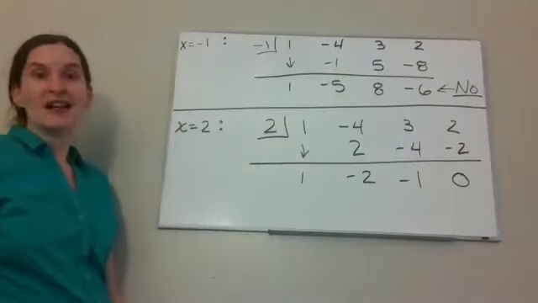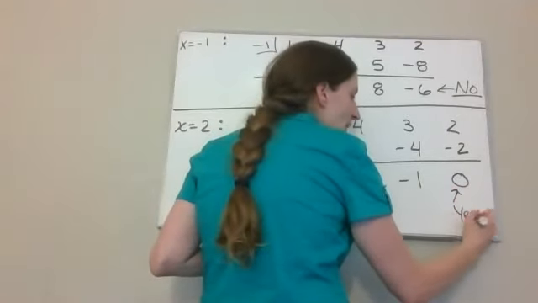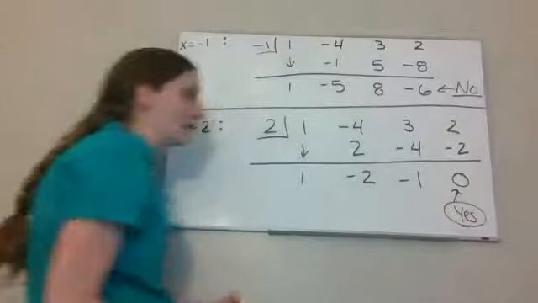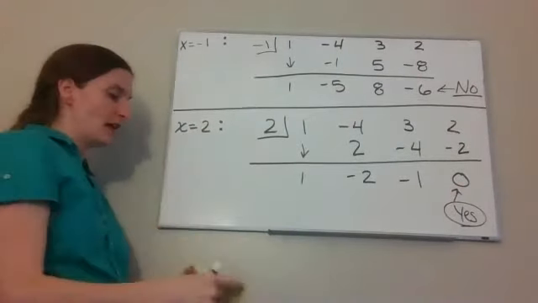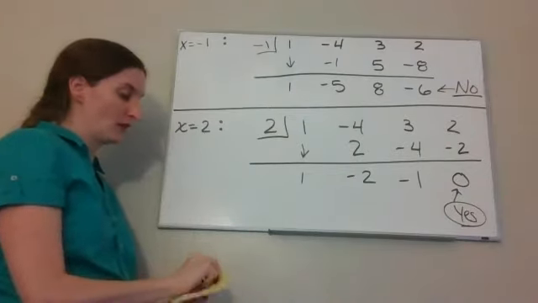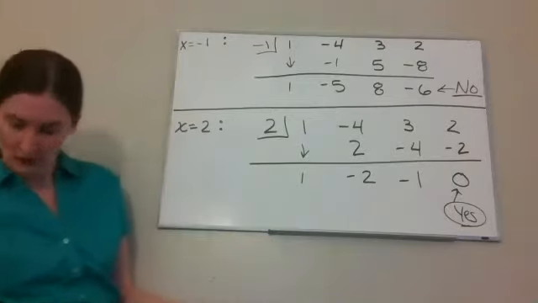So this time I got a 0 as the remainder. And that 0 as a remainder tells me that yes, I have a 0 of my polynomial. So x equals 2 is one of my zeros, but I'm not finished yet. That just tells me one of my zeros.